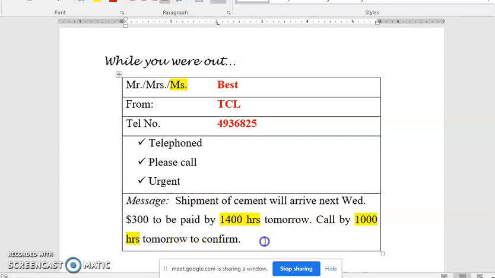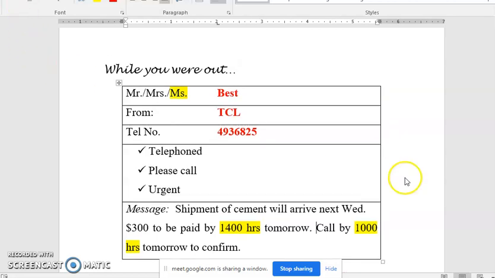So this is a very important point when taking telephone messages, that the 24-hour clock is used, for example, if the two callers are in different time zones, or for there not to be any confusion or ambiguity concerning whether it's AM hours or PM hours. So here we have an example of the message that needs to be conveyed, and you can see that it was a very brief message, and only the pertinent points were taken.